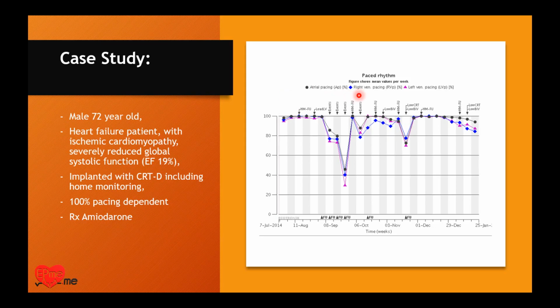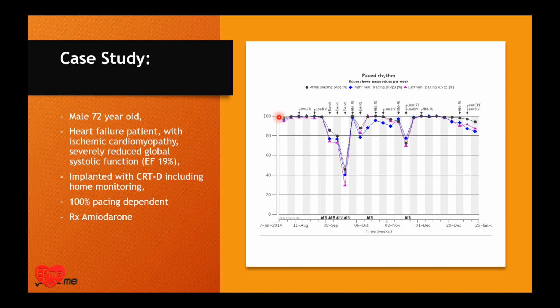Then we have a blue diamond, that's right ventricle pacing, the second lead. And then the third lead, which is the fuchsia, I guess you could say, coloured triangles, is the left ventricle pacing. Now, I said that this patient is 100% pacing dependent, and we want him to be 100% paced.